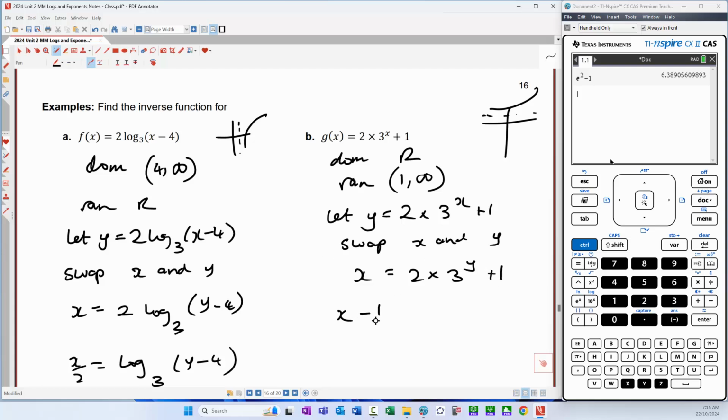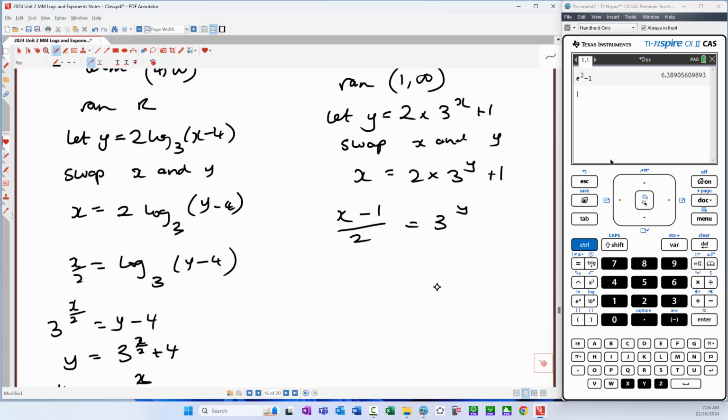Okay, we're going to go (x take away 1) on 2 equals 3 to the y. Ooh, how do I make y the subject? Well, let's switch to log form. Log 3 of (x take 1) on 2 equals y.